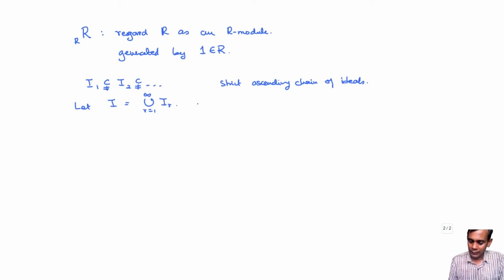Then I is again an ideal, and so it is a submodule of R. It's an R submodule. Right, we've discussed this before, that ideals of R become submodules of R when we regard R as an R module. Then I claim that I cannot be finitely generated.